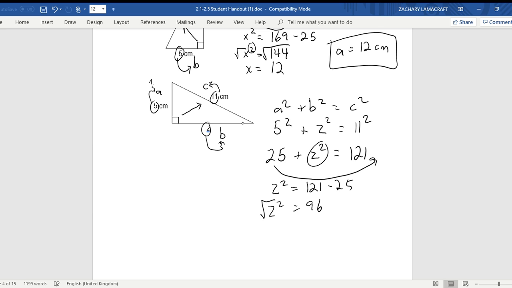And again, we got to square root it to get Z, and Z being 9.79, which then we can round to 9.8 centimeters. So B is equal to 9.8 centimeters. Okay, that being our answer.